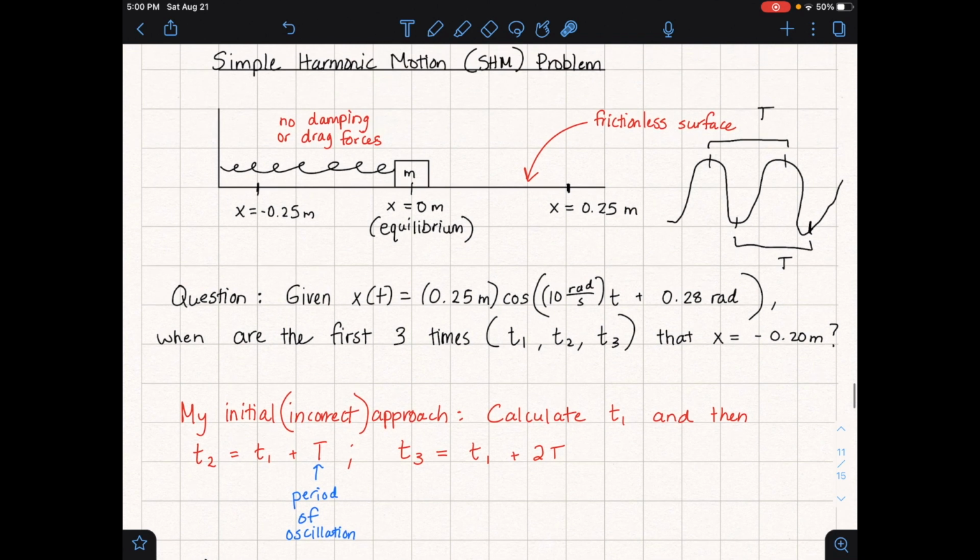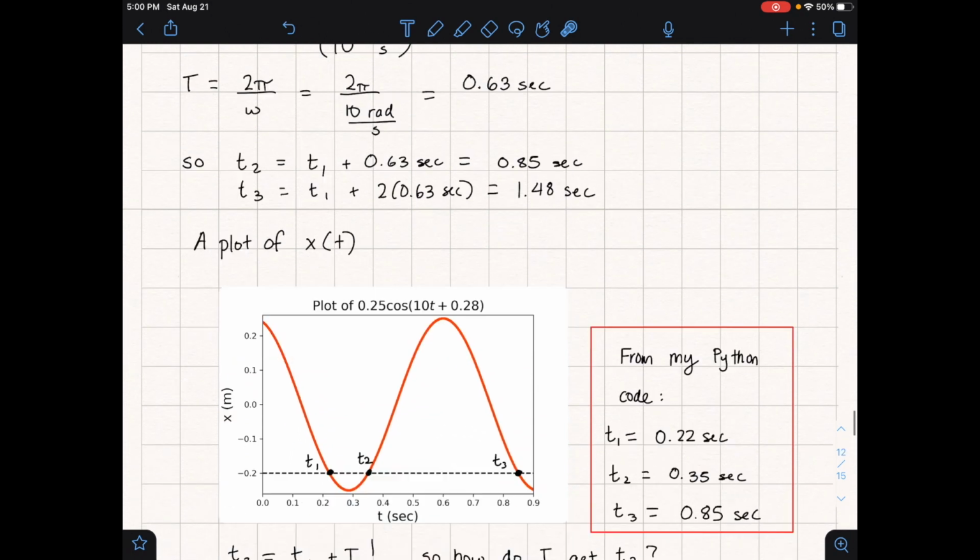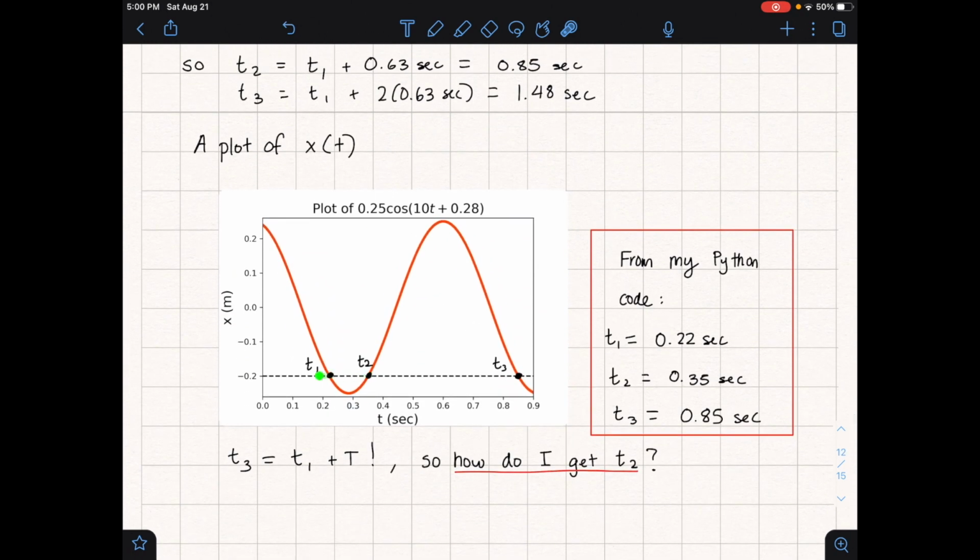So on this drawing, let's say negative 0.20 is right here, it reaches negative 0.25, and then it has to go back through negative 0.20, and that's within one period. So effectively, this block reaches this point more than once within a period because it's not at its minimum or its maximum, which is why I had that problem wrong.